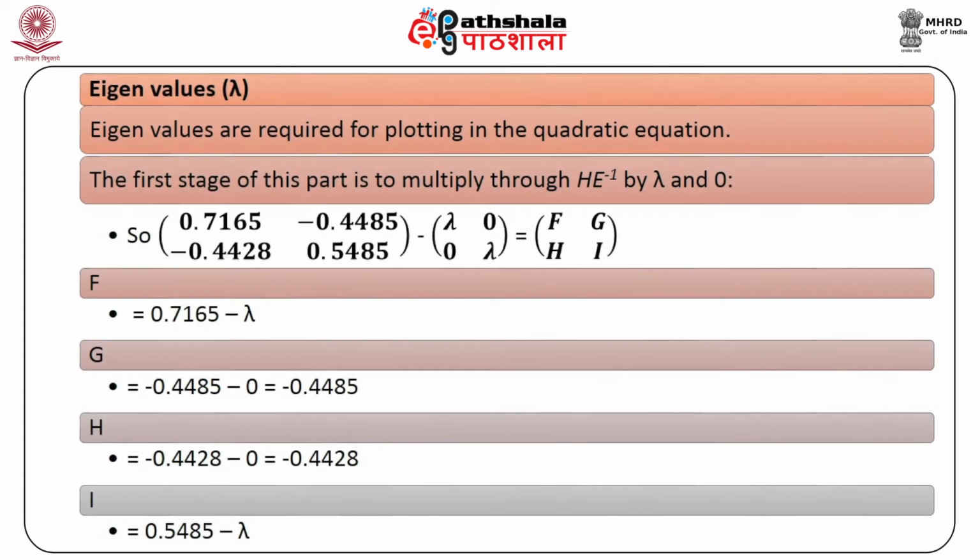Eigenvalues, which are represented as lambda, are required for plotting in the quadratic equation. The first stage of this part is to multiply H with the inverse of E by lambda and 0. So, we have the two matrices and the resultant matrix is also shown. F, G, H, I, all the values as they have been calculated are also shown.